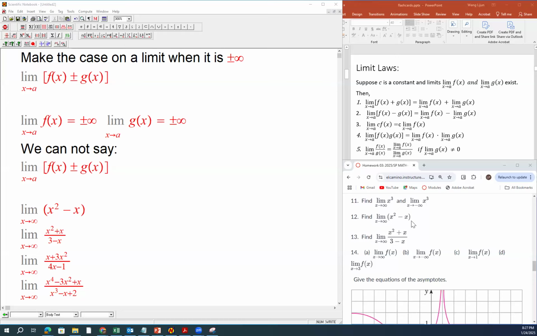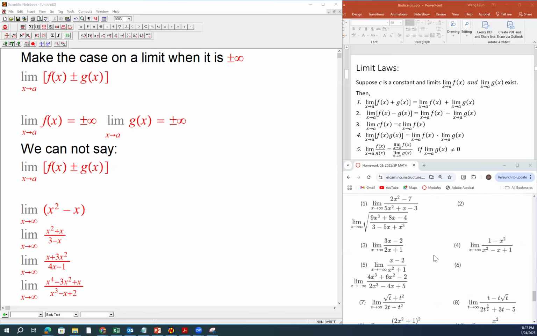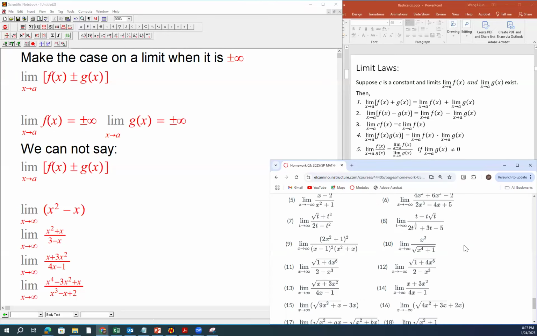We're going to cover this question and this 12 and 13 in this lesson. But we covered examples like the first one on this page. I'm sorry, this page is looking a little weird.